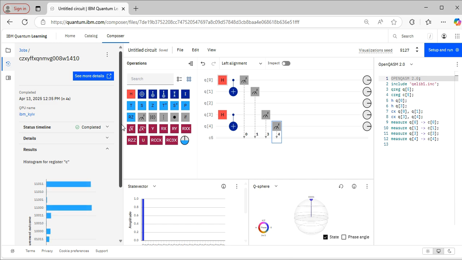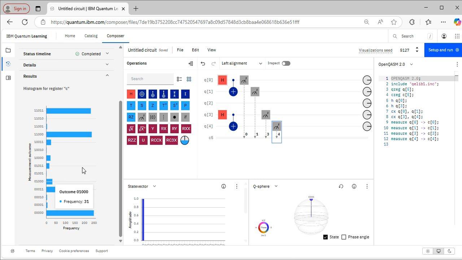Okay, so let's look at this. This Hadamard gate on the Q0 line and the Q1 line, they're entangled.